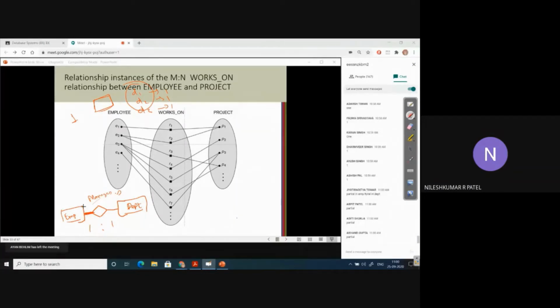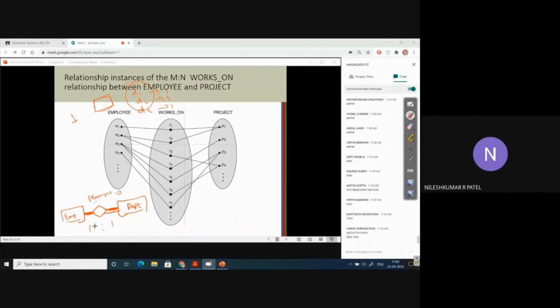For example, employee 1, employee 3 and employee 5 are managers for departments 1, 2 and 3 respectively, so only E1, E3 and E5 will participate. That's why it is partial participation, single line. And every department participates in this relationship because every department has one manager, so department has total participation. We mention it by a double line, and here it is a single line.